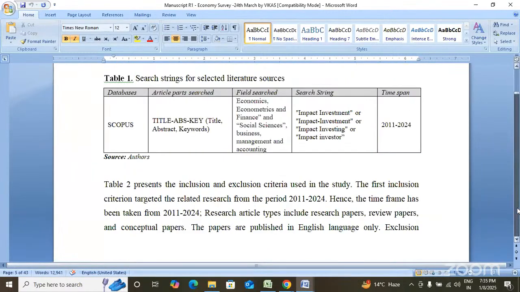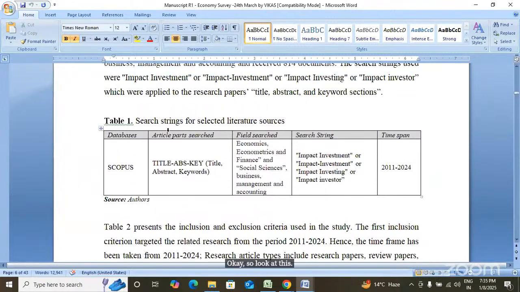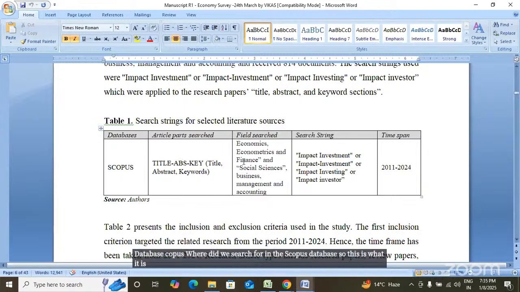Okay, so look at this. This is one table that we have made in the research methodology part. Database Scopus. Where did we search in the Scopus database? What are the fields that we have searched? What is the search string and what is the time span?